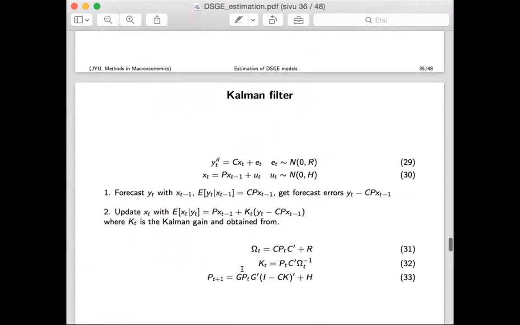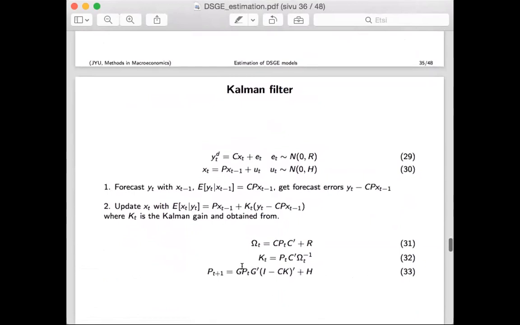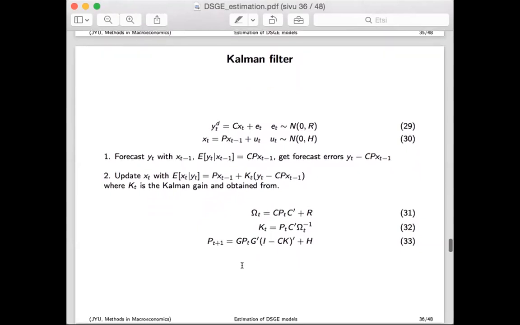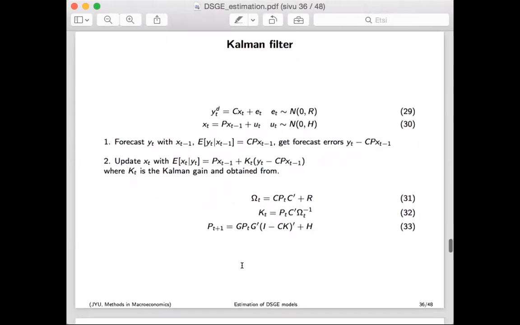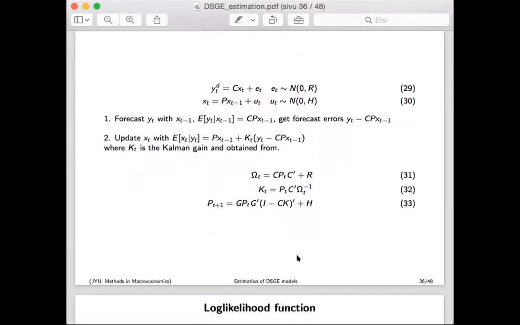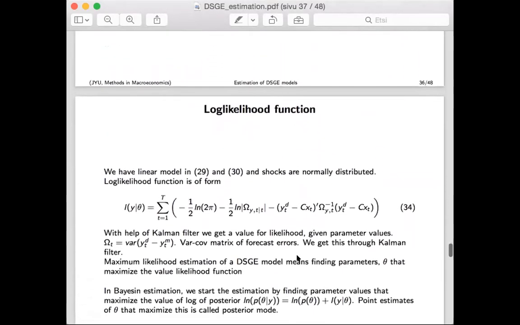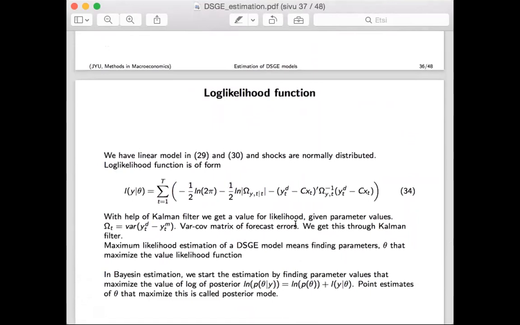And we obtain it so that we use the Kalman filter to obtain the forecast errors and the variance covariance matrix, similarly as with the trend cycle decomposition in the beginning of this lecture note. And then we can form the log likelihood function.